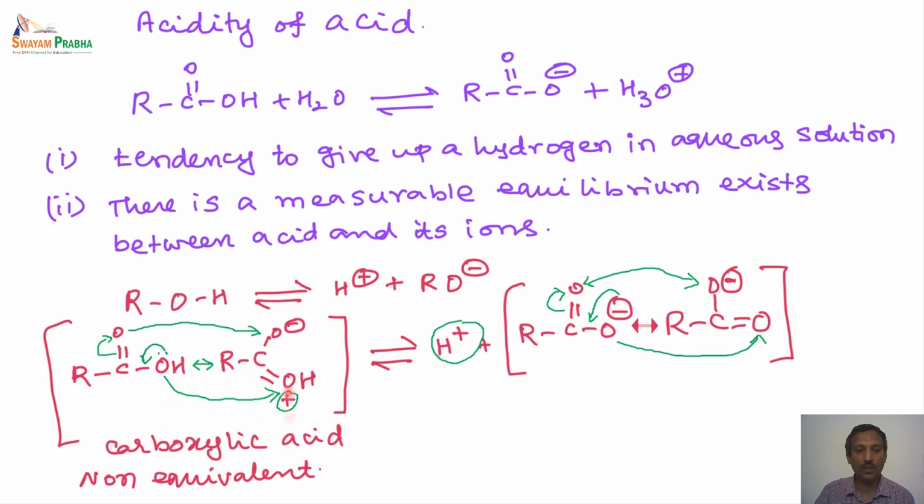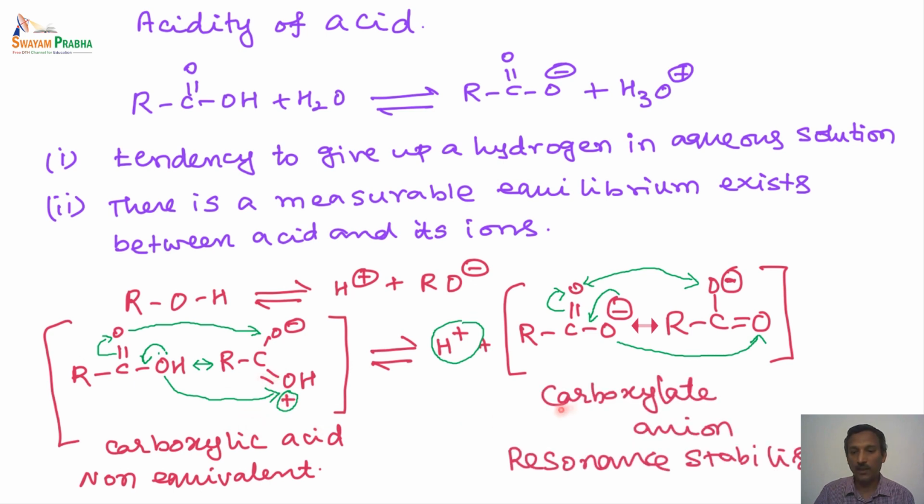So due to which this does not exist, the carboxylic acid never exists in this particular fashion, whereas this is a carboxylate anion, this is resonance stabilized, and this exists. So that is the reason this non-equivalent structure is not present here, because we have a negative charge and a positive charge on the same compound.